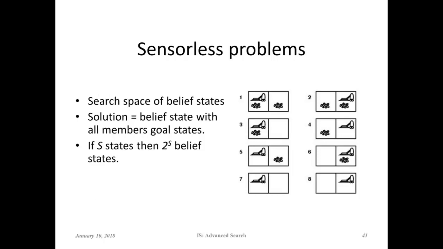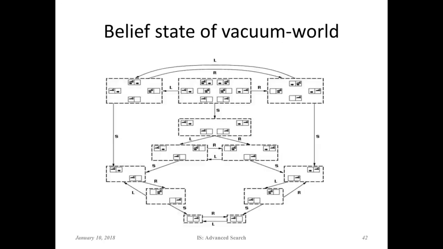So what you do is not transition from a state to another state, but from a set of possible states to a set of possible states. Basically, if there are S states, you can now talk about 2 to the power of S belief states, possibilities of where you could be.